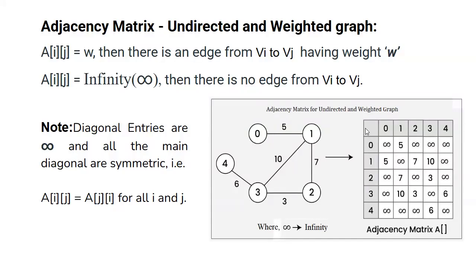Similarly, the column header also has the vertex names, from 0 to 4. The intersecting cell value will be fixed as the cost of the edge.